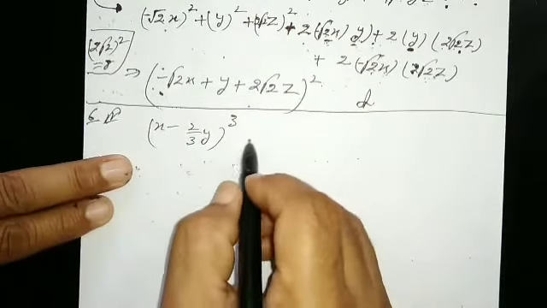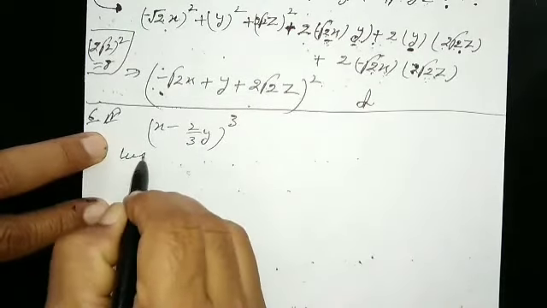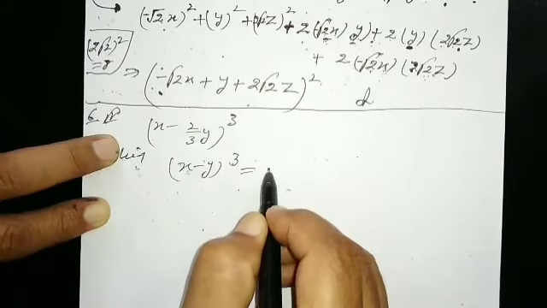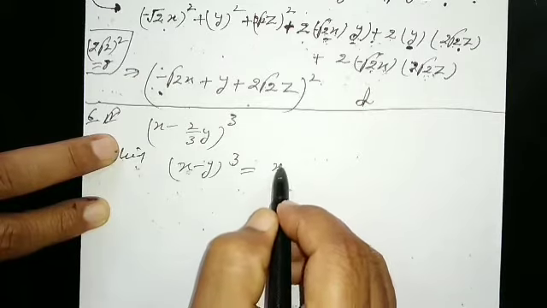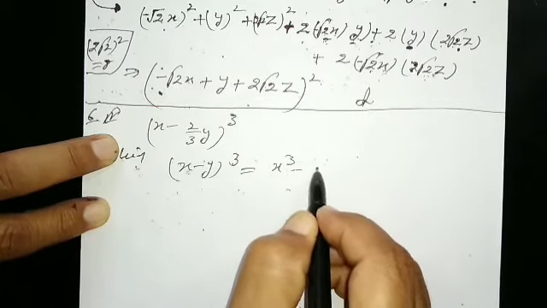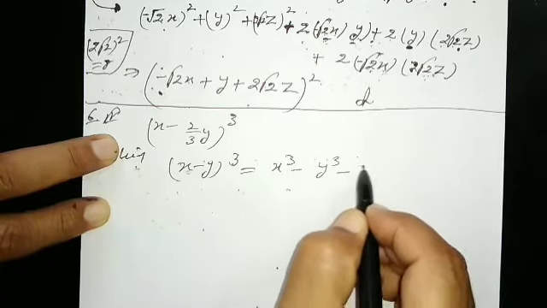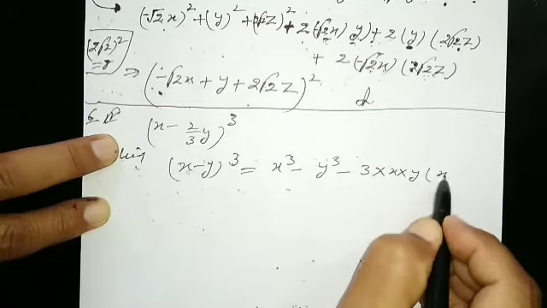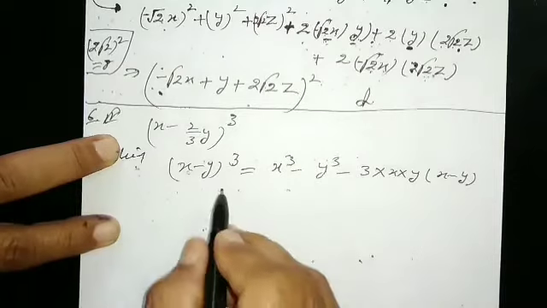So using x minus y whole cube: cube of first minus cube of second minus 3 into first into second, first minus second, right?